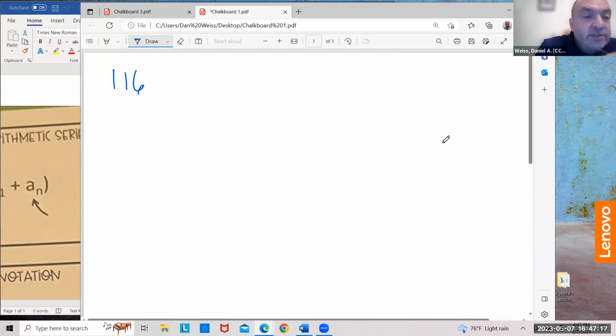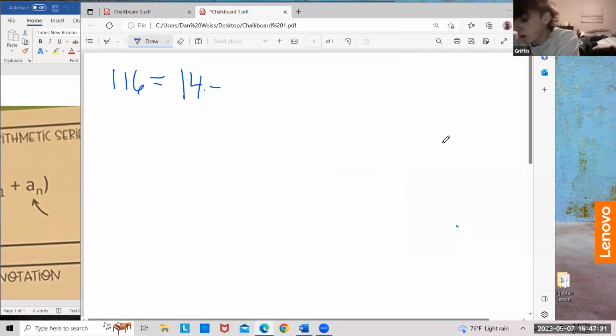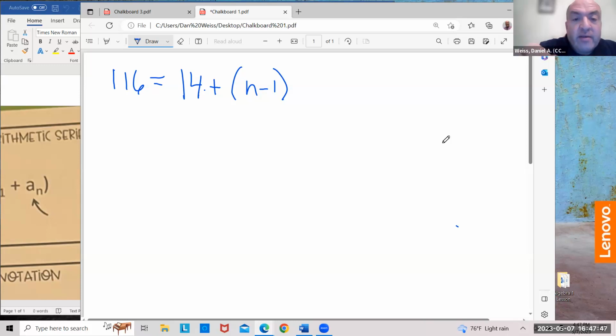So 116 equals 14, the first term, plus, in parentheses, n minus 1, multiplied by 3. That's the common difference, 3. Okay, go ahead. 116 equals 14 plus then what?